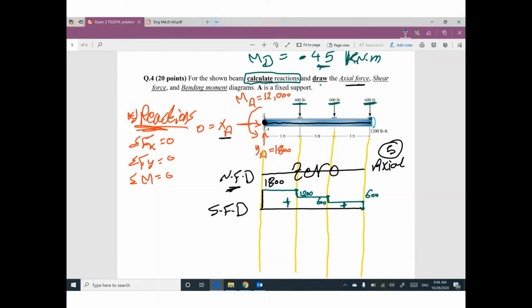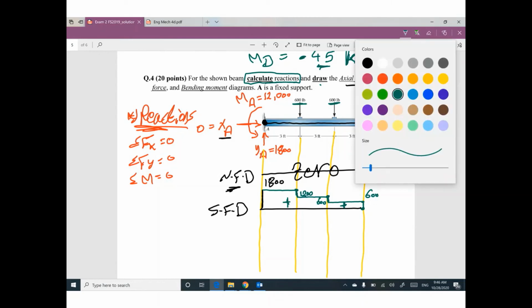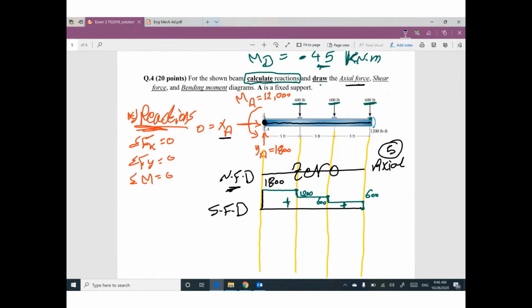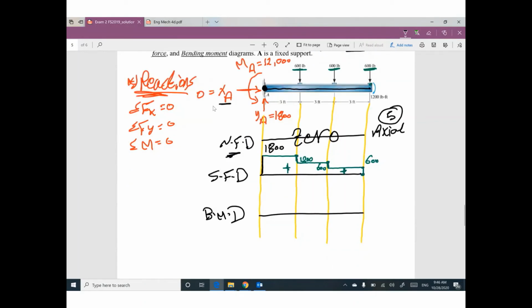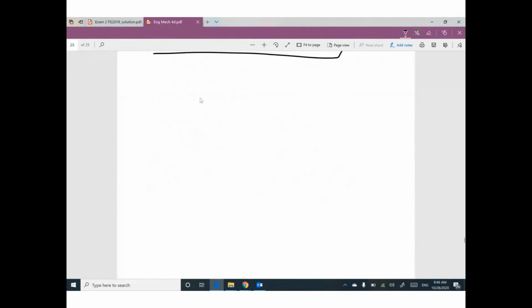We are looking to draw another diagram, which is called the bending moment diagram. Guys, when you are starting from the left, we have 3 situations.